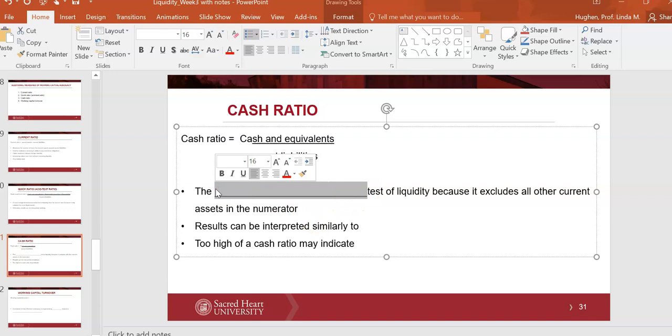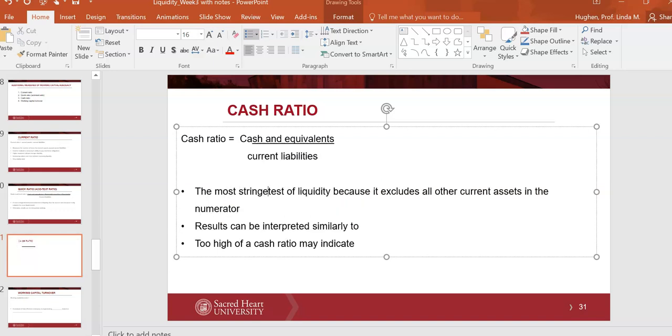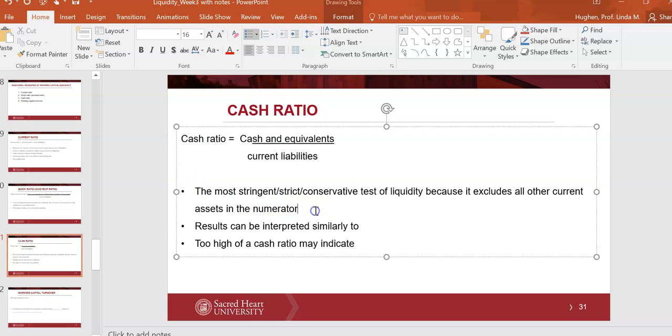And this is the most strict or most stringent, or we can say the most conservative test of liquidity, because it excludes all other current assets in the numerator, only includes cash. Results can be interpreted similarly to the ones we used before, the current ratio and the quick ratio. Higher, the more liquid the company is.